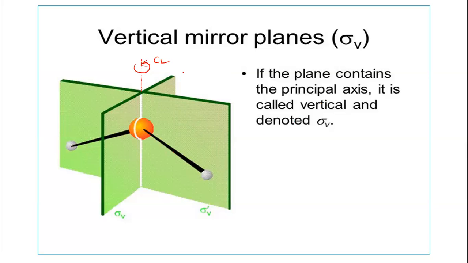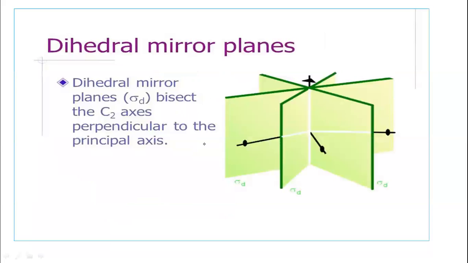So the water molecule has two vertical planes, sigma v and sigma v dash. This is another vertical plane, where all the atoms of the water molecule lie, and this is the one vertical plane passing through the central atom. This is the mirror image of this. In this way we can show the vertical plane of symmetry.